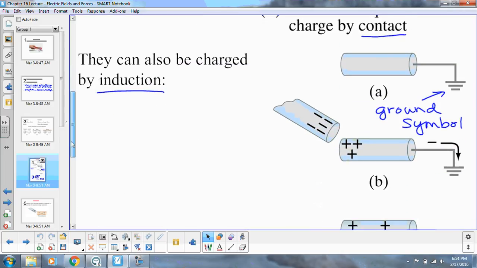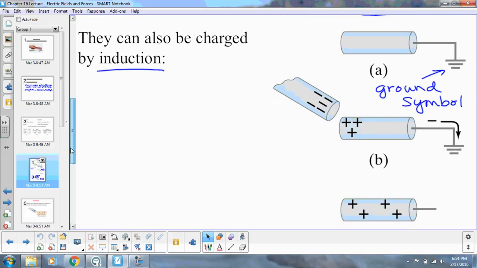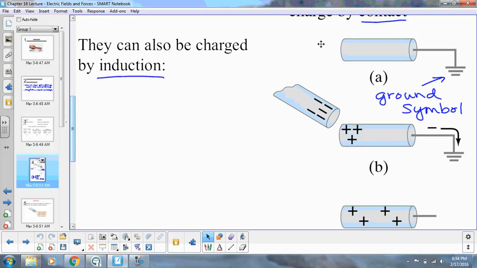We can also charge things by induction. So here's an example of charging by induction. Let's say that we have a neutral object and it's attached to a ground. This is the symbol for ground, by the way, and you're basically attaching it to this infinite source of charge. So positives and negatives, lots and lots of them. And when I bring my charged object nearby, this negative is going to push away electrons.